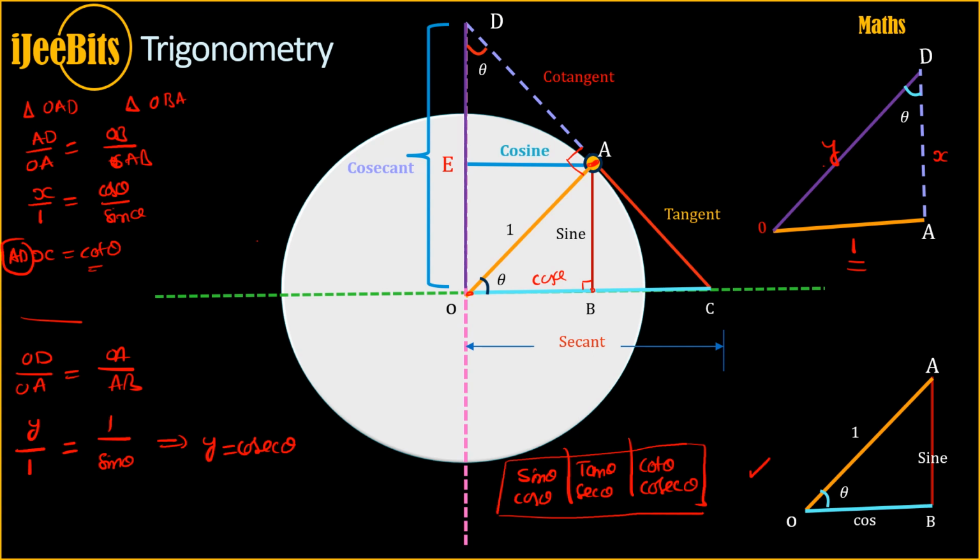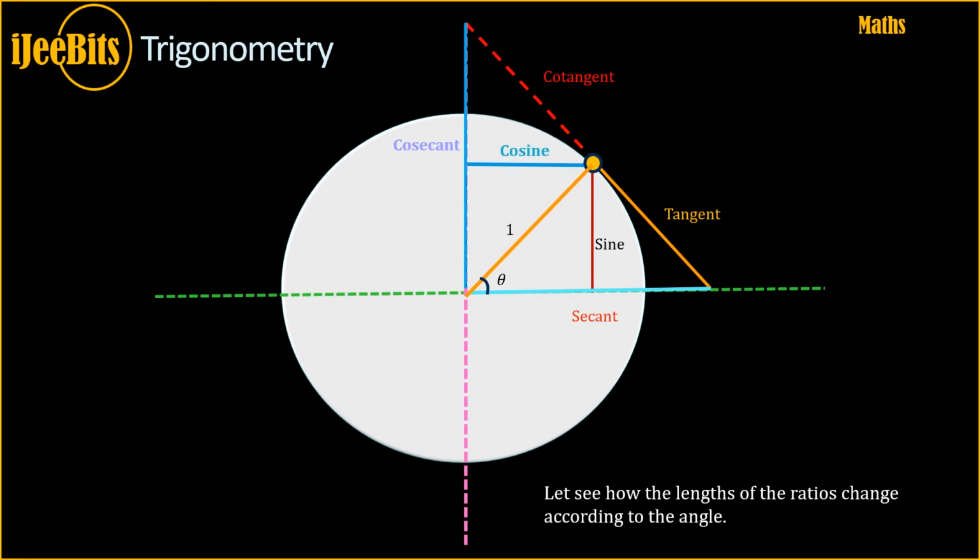Now we see a little more than what we studied. So now we know how trigonometric ratios can be determined from this visualization: sin theta, cos theta, tan theta, cot theta, cosecant and secant.